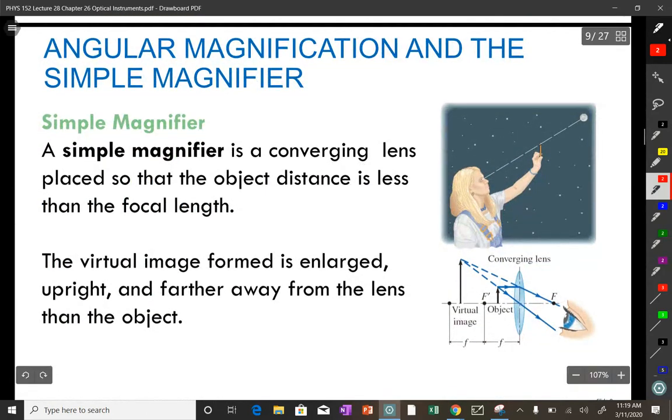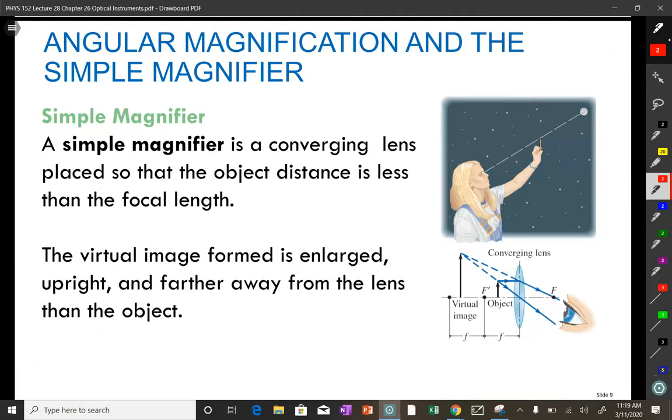If I use a simple magnifier, just a simple lens, which I should have one right. I put them away. Oh, no, here it is. Here I have a simple magnifier. I can use this so I can take something, bring this as close as I can read it carefully, bring it up here, and I can bring it closer. It's going to make a bigger angle with my eye.